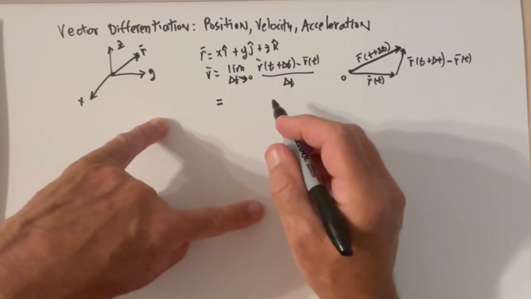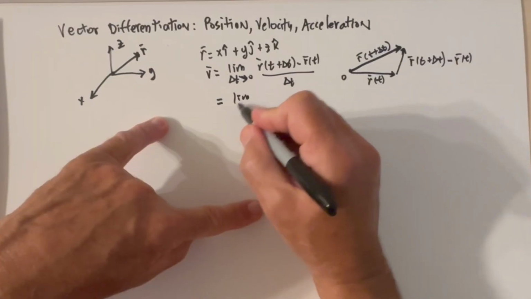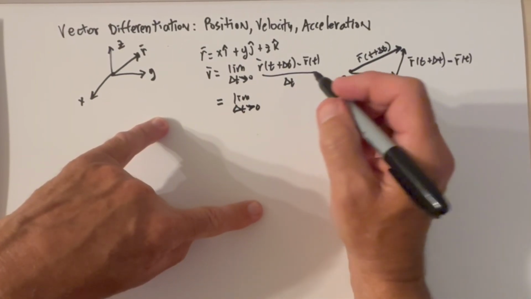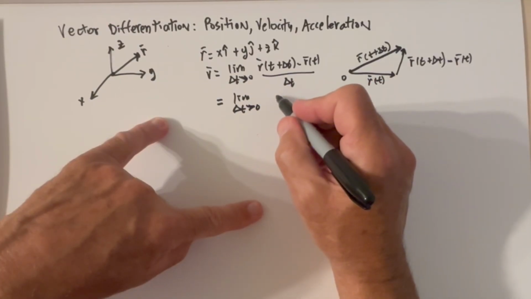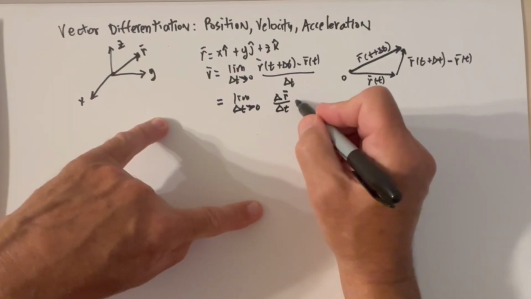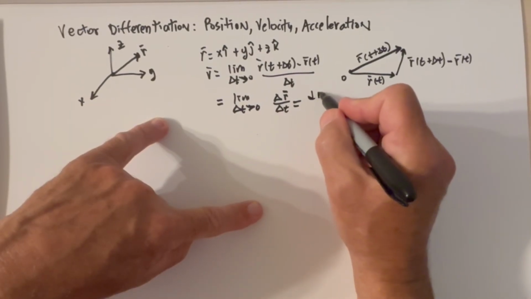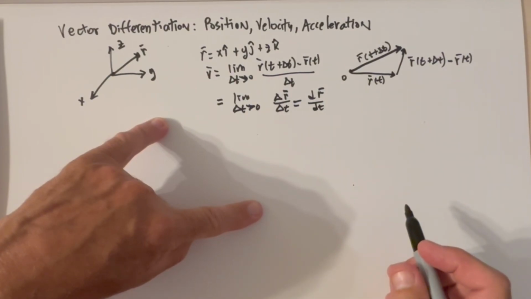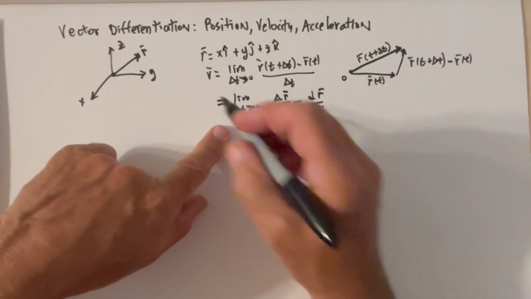So what we find is that that's the limit as delta t goes to 0, and this can be written as delta r divided by delta t, which is just dr/dt, or the derivative. So we took the derivative of the position vector with respect to time and got the velocity vector.